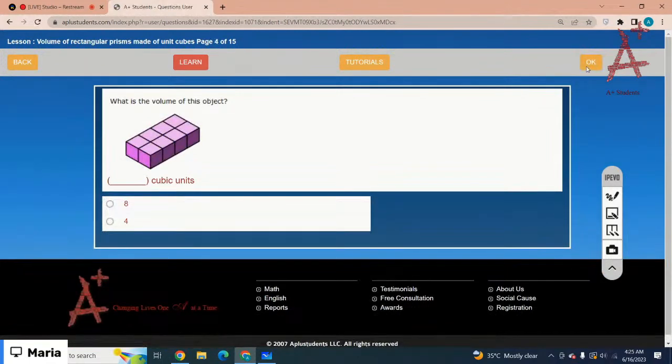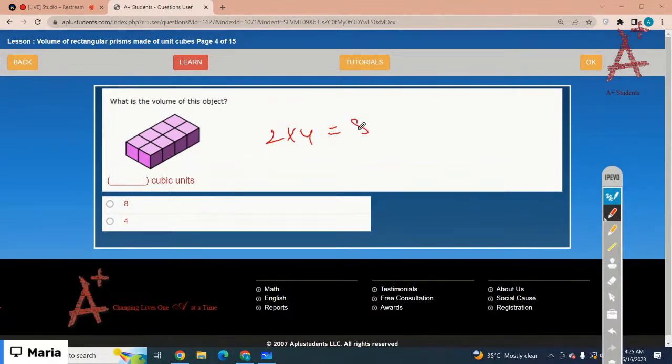What is the volume of the object? You can see you have 2 rows, each have 4 cubes. So you have to do 2 times 4. The volume of the object is 8. Got it?